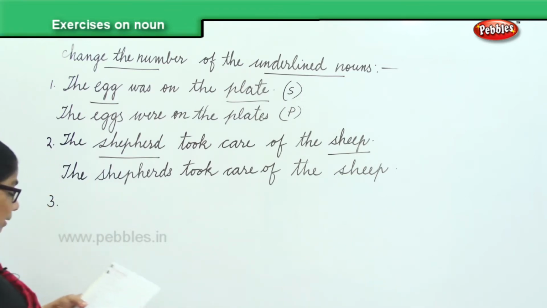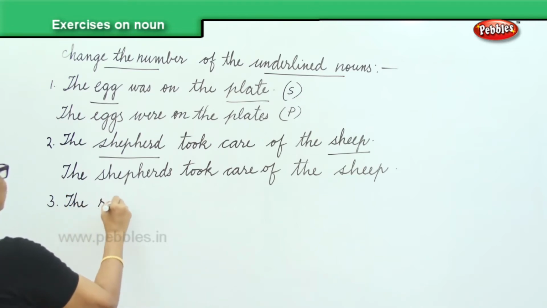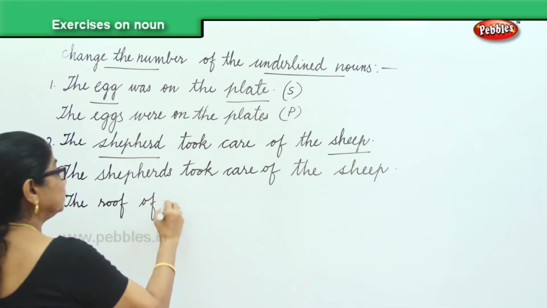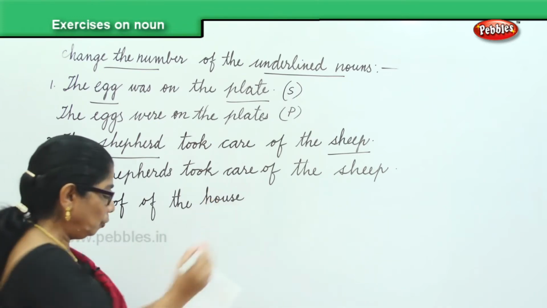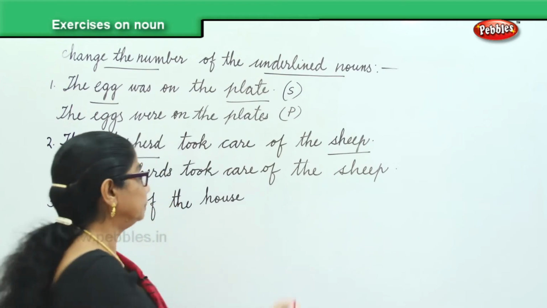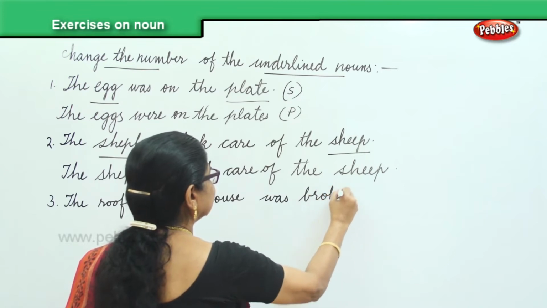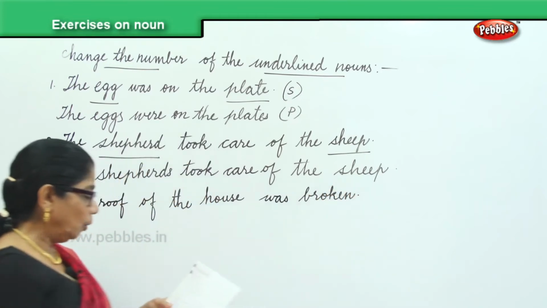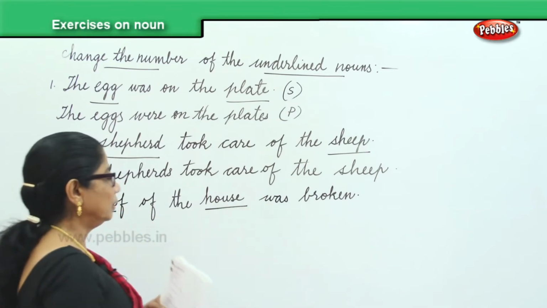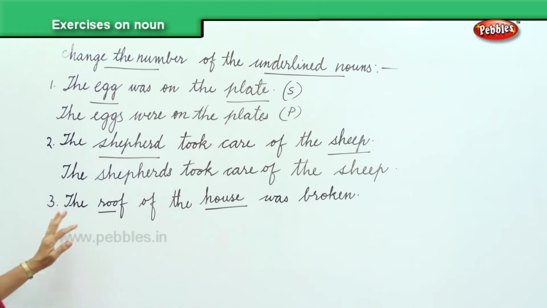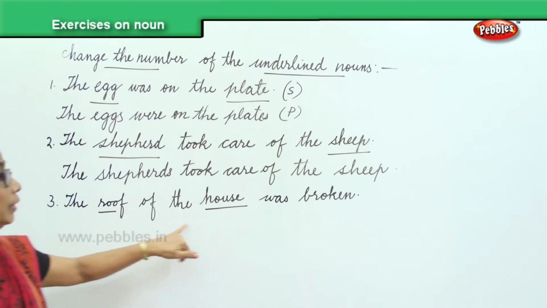I have here, the roof of the house was broken. Now, the nouns we have to change are roof and house. So, the singular: the roof of the house was broken. So, what will you say? The roofs of the houses.